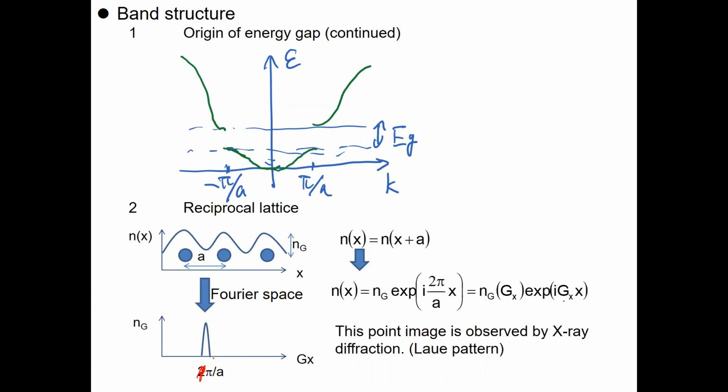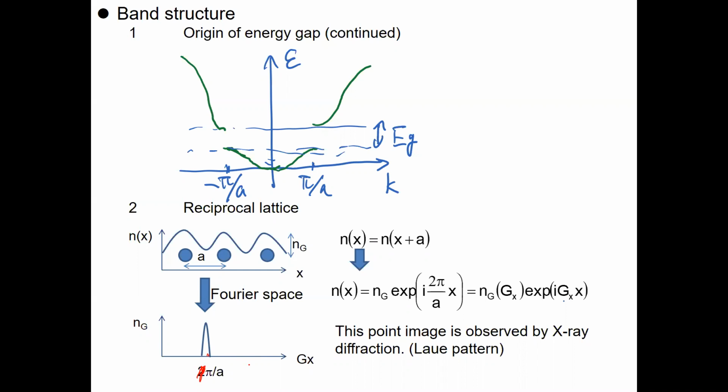So instead of drawing the figure always, at every 2 pi over a times an integer, you can see the high electron density part. So that is easier.